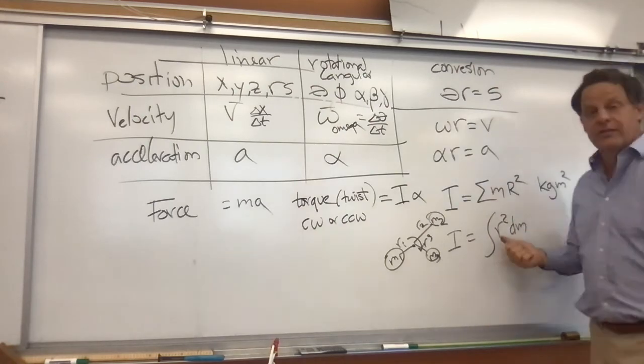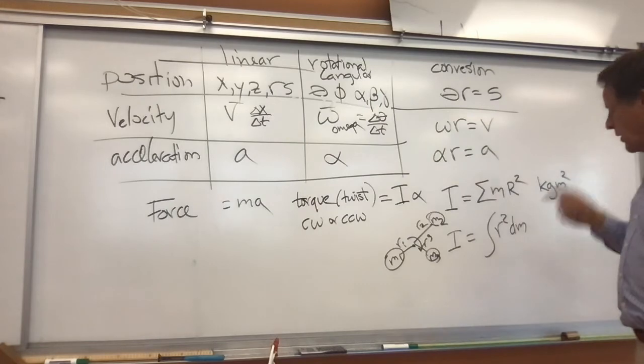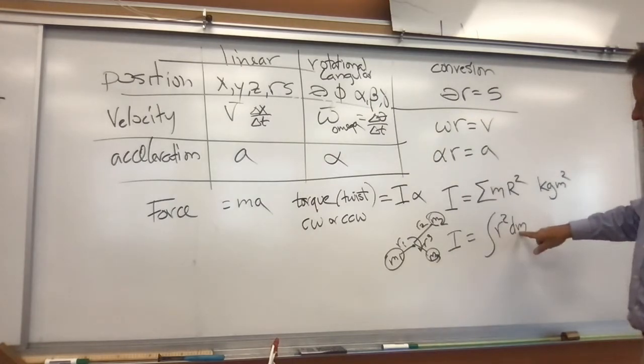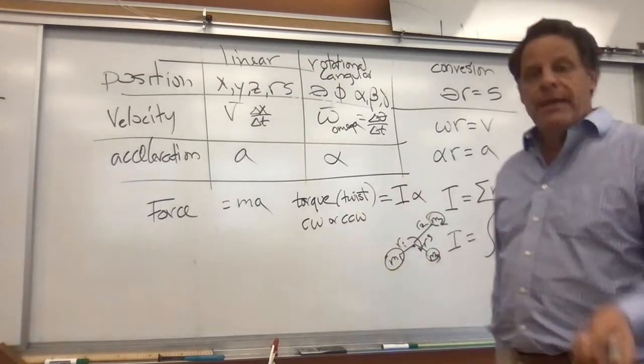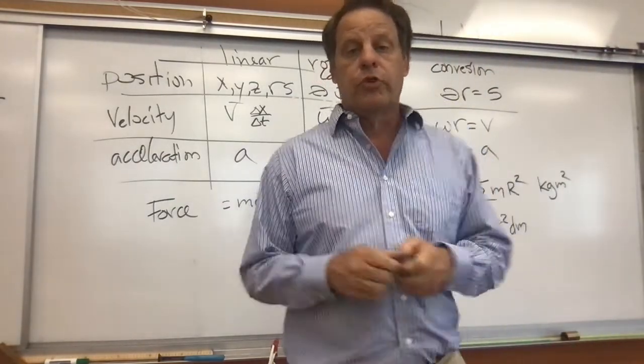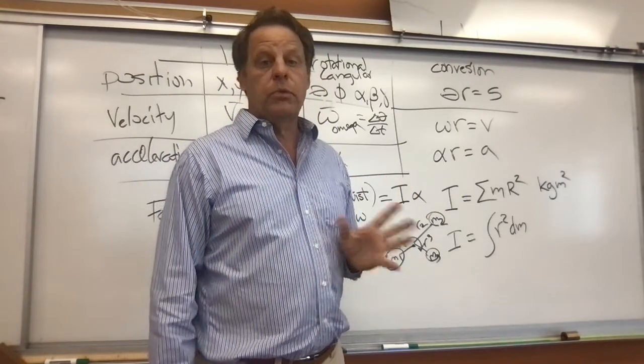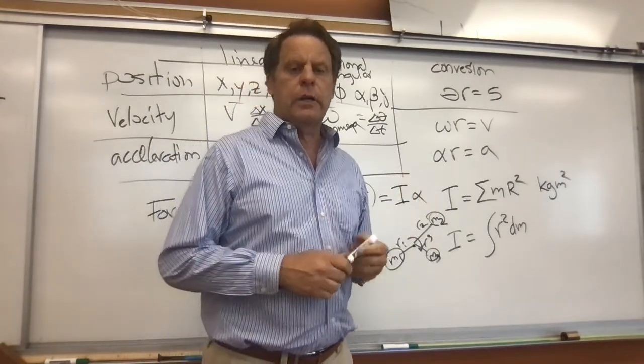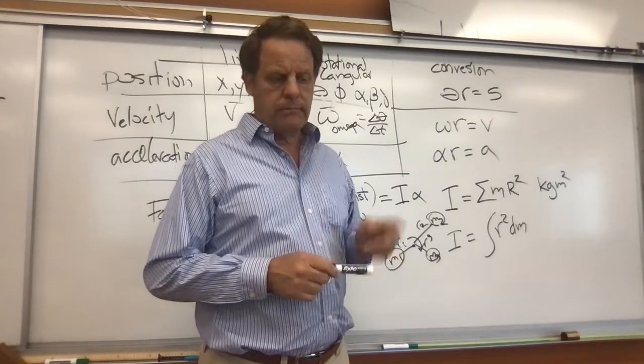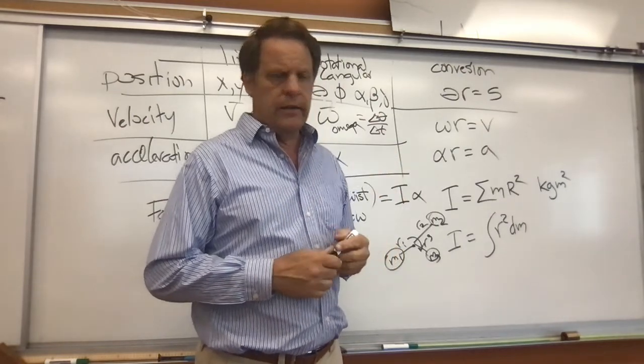So again, from an integral point of view, we're taking all of those masses and multiplying them by r squared, and we're adding them all together. And that is where the integral comes from. So you guys will continue to explore that, and we'll talk more about that on Wednesday, Thursday, Friday.